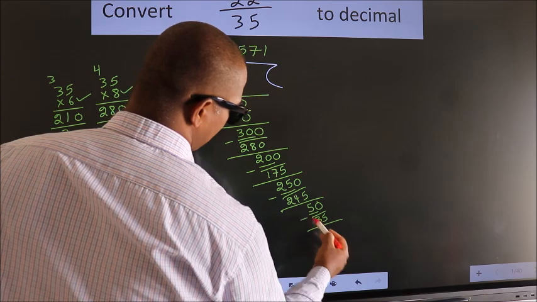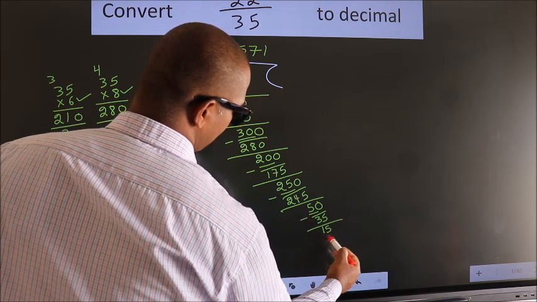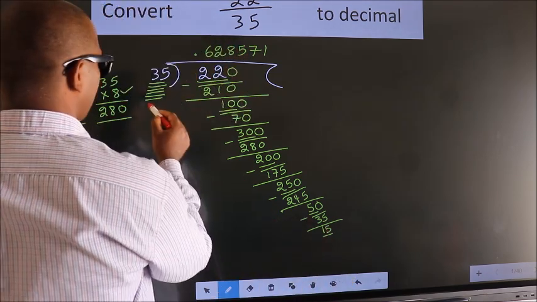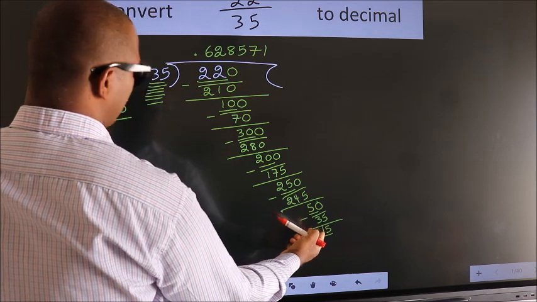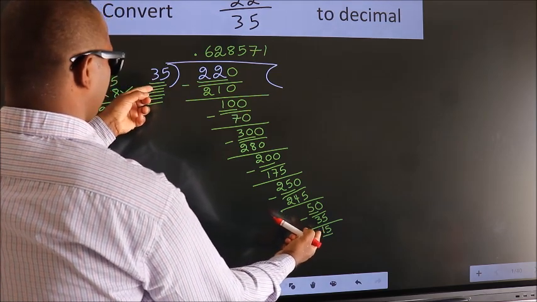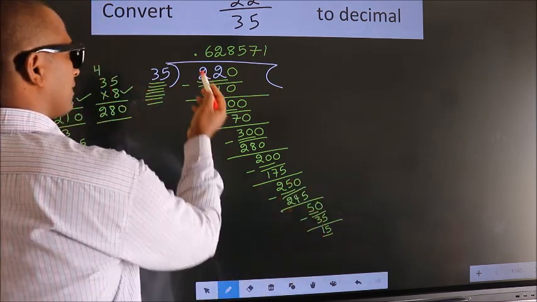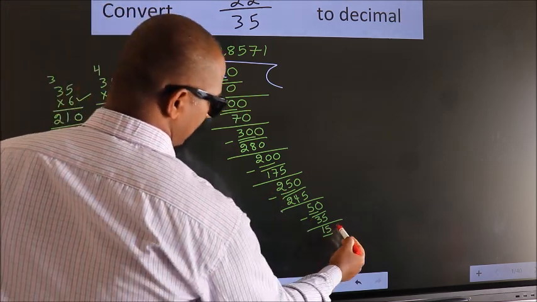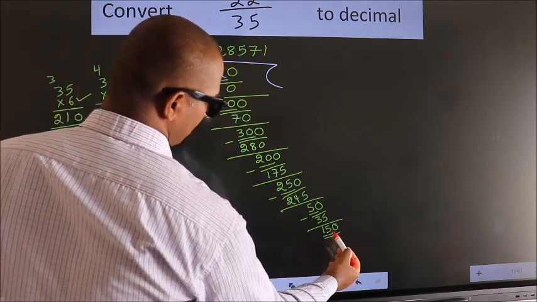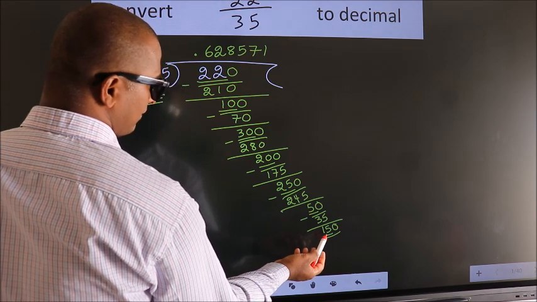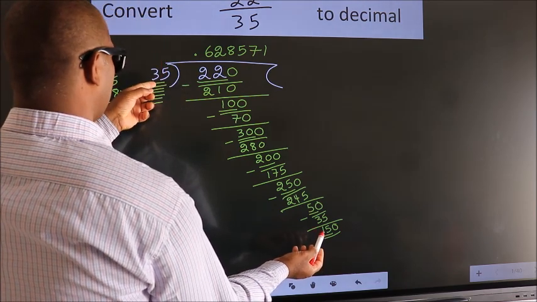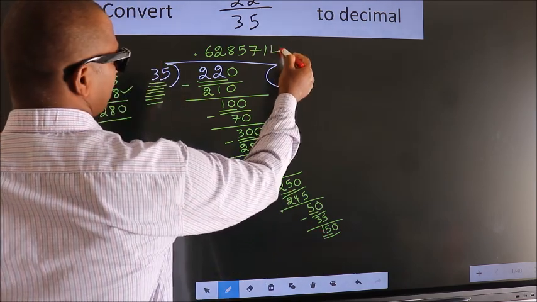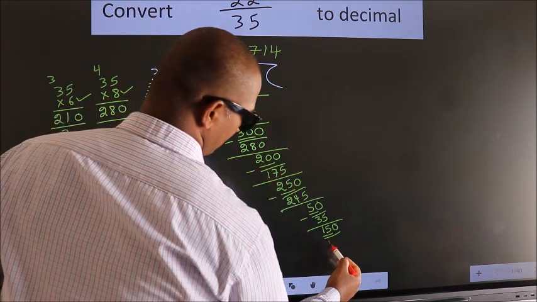Now we subtract, we get 15. Here we have 15, here 35. 15 is smaller than 35, and we already have the decimal, so we can directly take 0. So 150. A number close to 150 in the 35 table is 35 4s, 140.